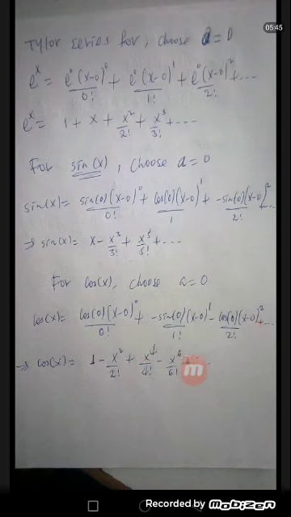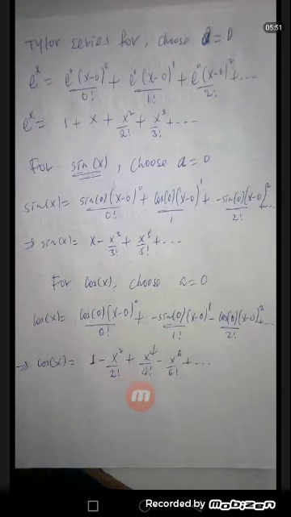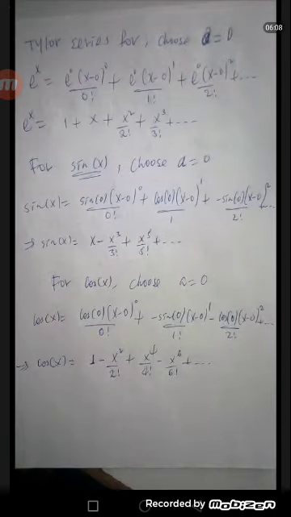It continues like this, and cos x becomes 1 minus x squared over 2 factorial plus x to the power of 4 over 4 factorial minus x to the power of 6 over 6 factorial, and it continues like this. The very fundamental formula is this Taylor series. We have done all three based on this.